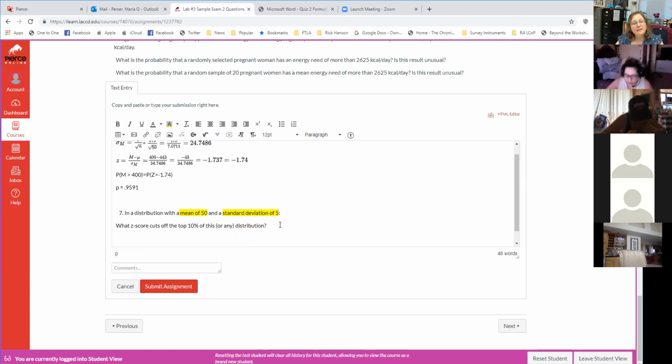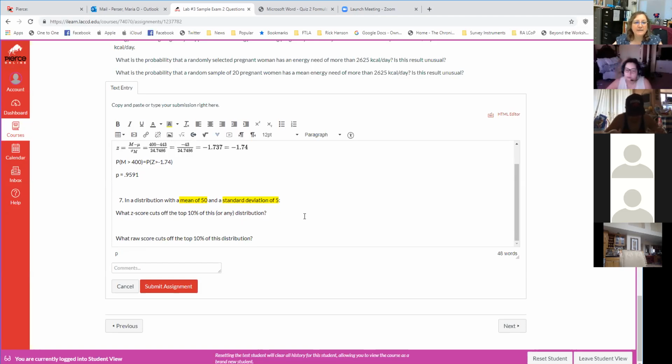Okay, so the question that is asked here is the z-score cuts off the top 10%, right? What's the z-score? So we need to figure out what the z is, so we need to work backwards. And remember the curve, right? When you draw out the standard normal curve, what we're looking for is to the right of the mean. So you put your mean in the middle there, and then off to the right, the top 10% is going to be to the right of that mean.